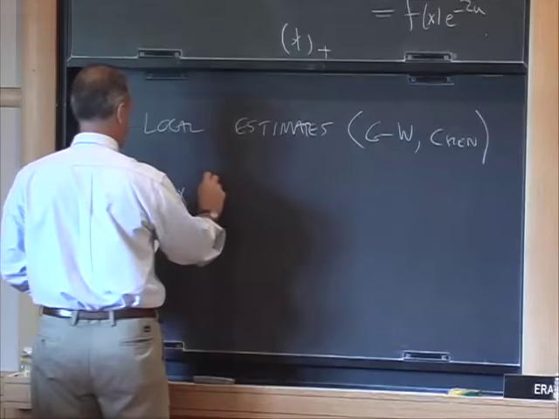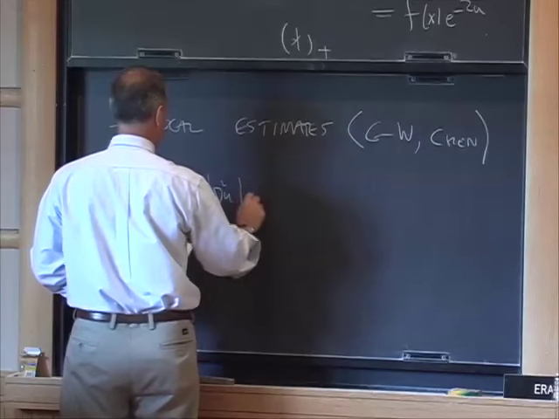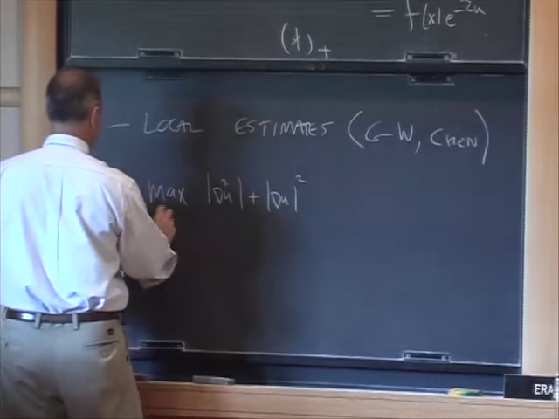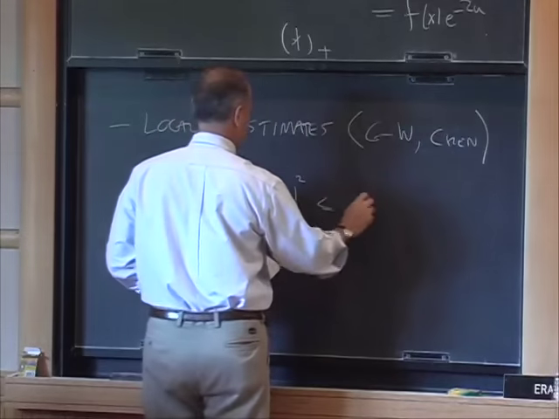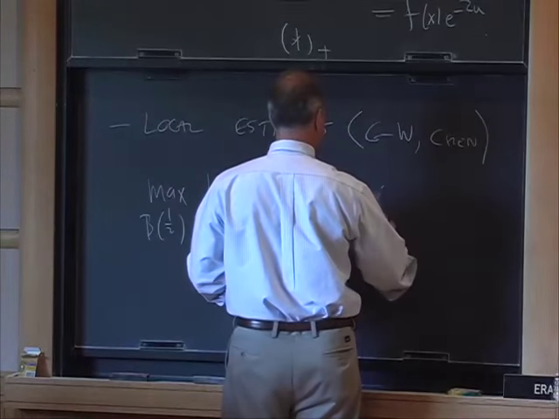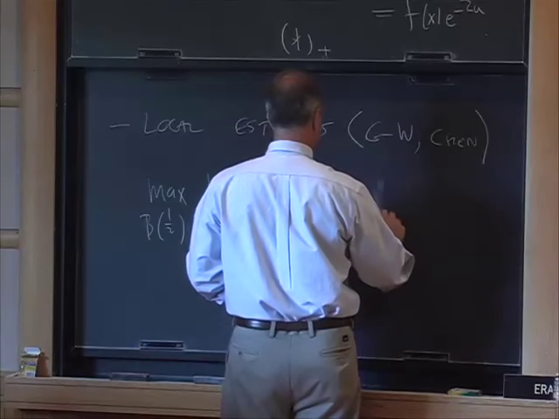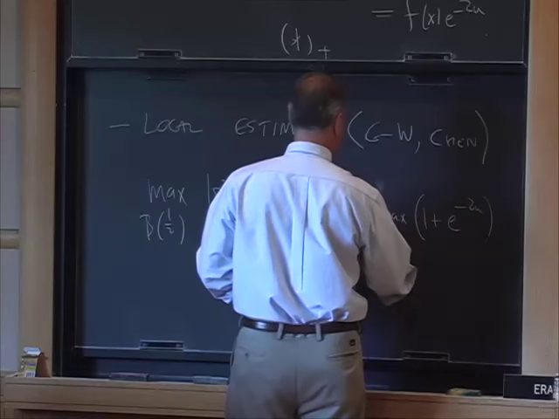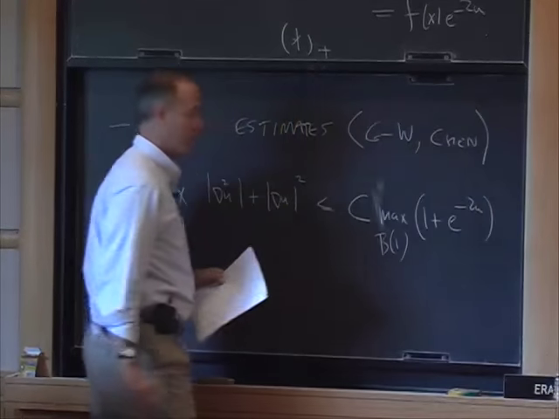So you can control the Hessian and the gradient on the half ball if you control max of 1 plus e to the minus 2u on the entire ball.